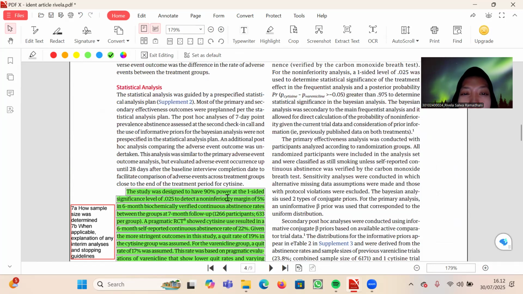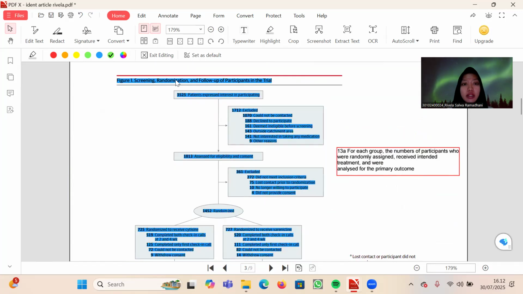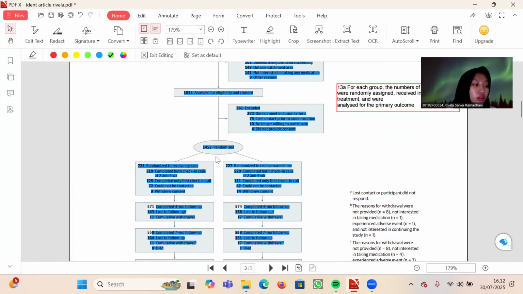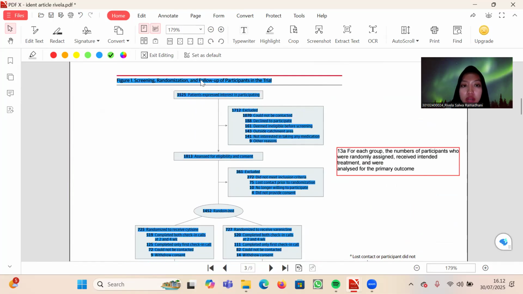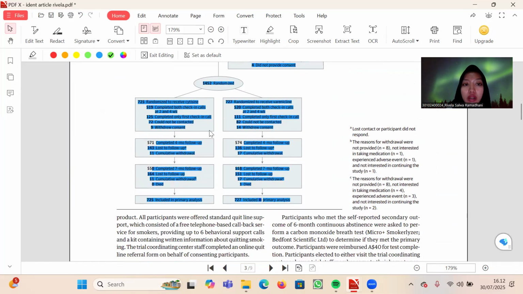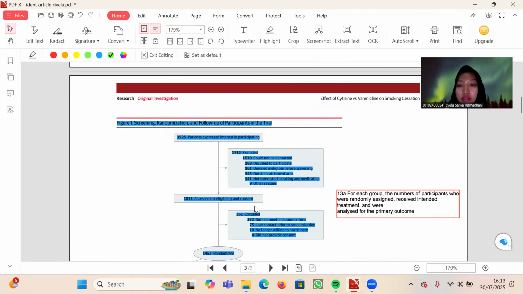It shows screening, randomization, and follow-up. It shows how many were randomized, completed the intervention, and were lost to follow-up. Participants were excluded for reasons such as declining or not being contactable. Those randomized were included in the primary analysis. This one is for 13A.